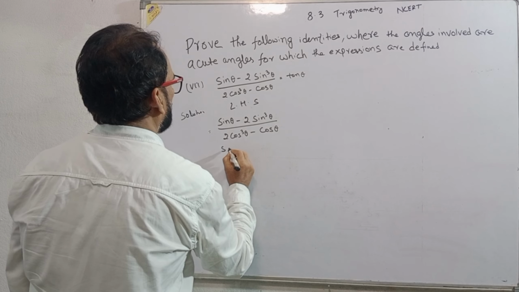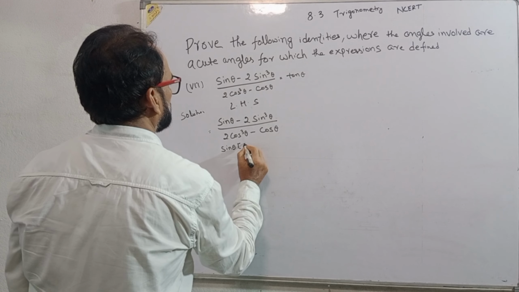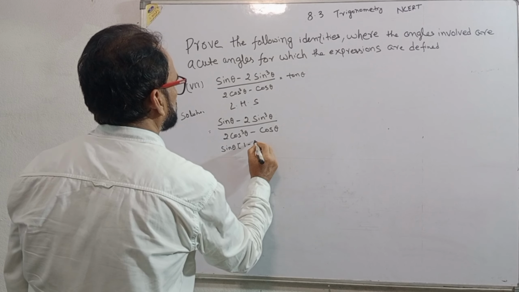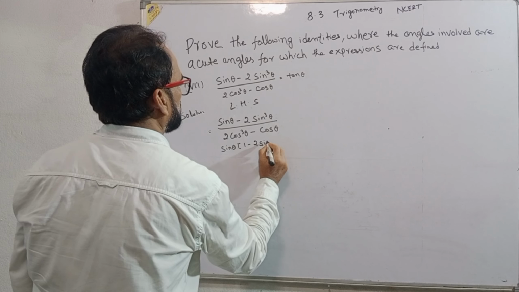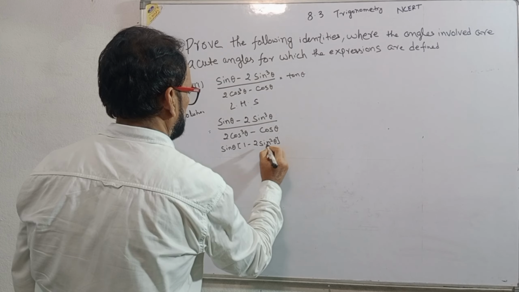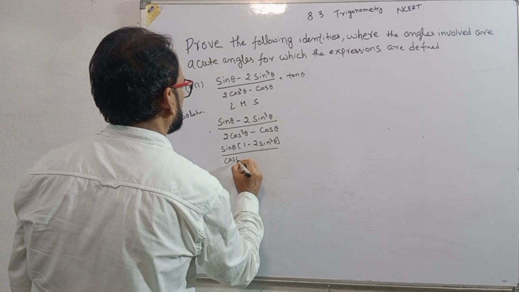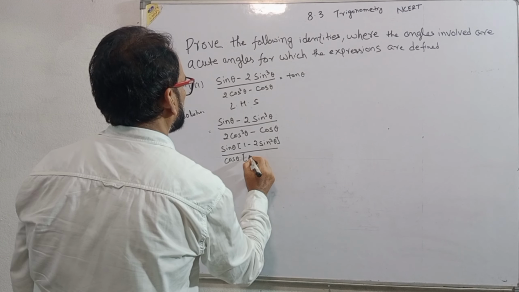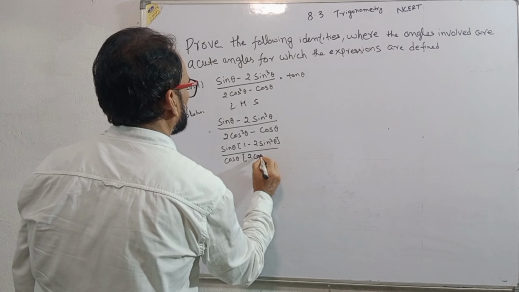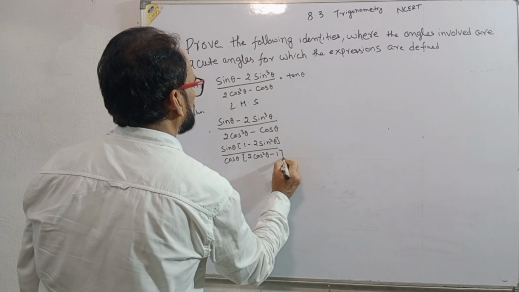Now take sin theta common in the numerator, we get 1 minus 2 sin square theta. Now take cos theta common in the denominator, here 2 cos square theta minus 1.